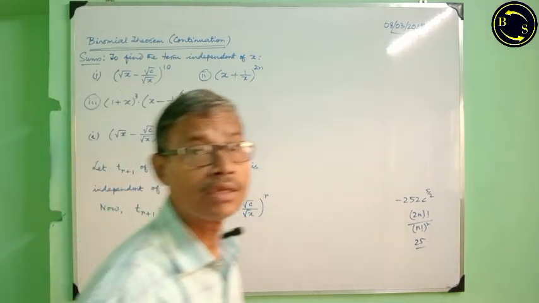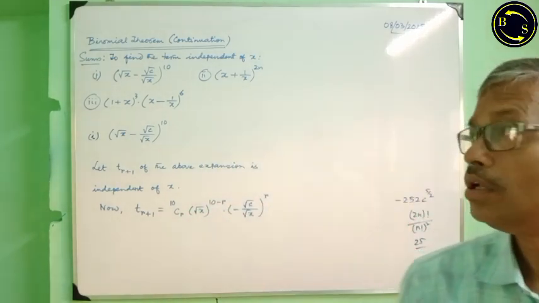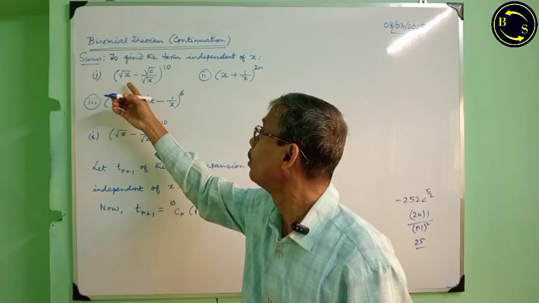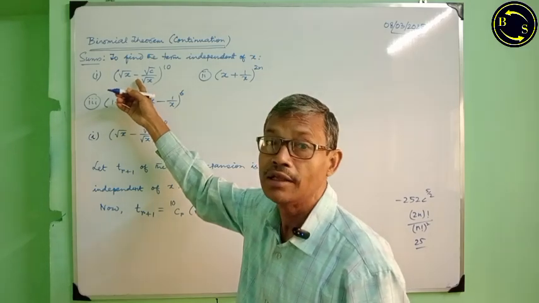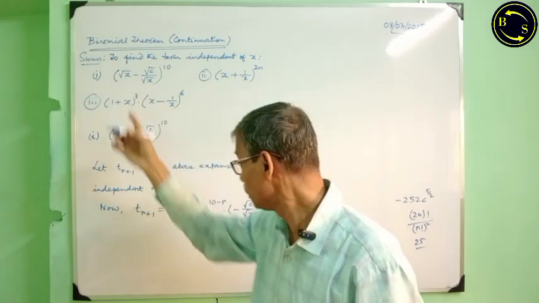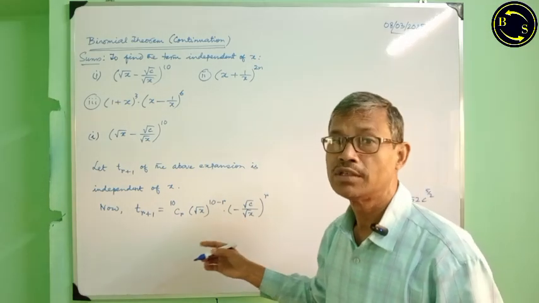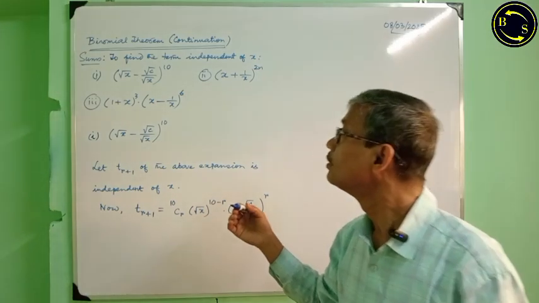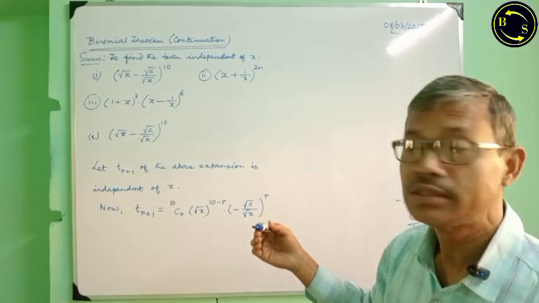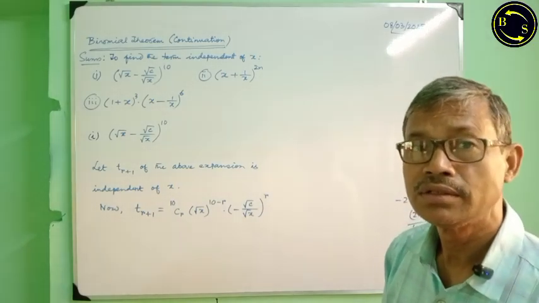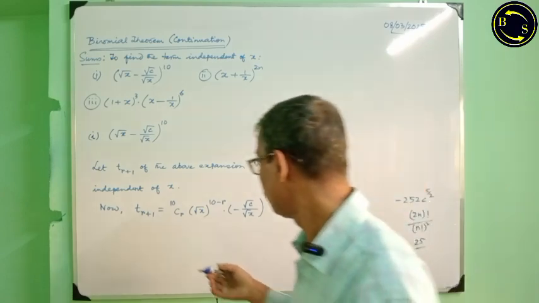Student, learner, be careful about noting the symbols. Here it is minus. Note that. Sometimes we find that students commit mistakes writing that symbol. That is why they get a wrong answer.